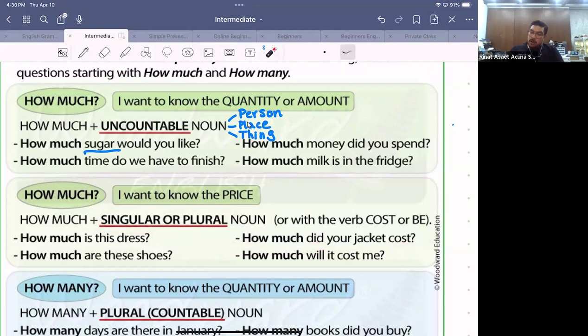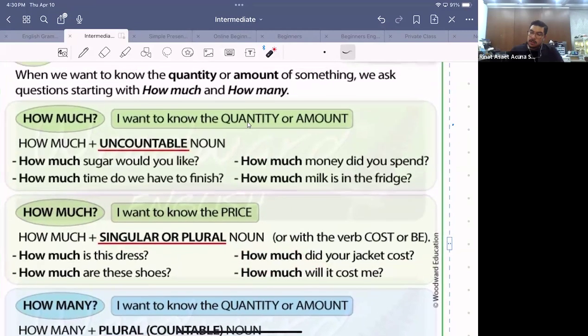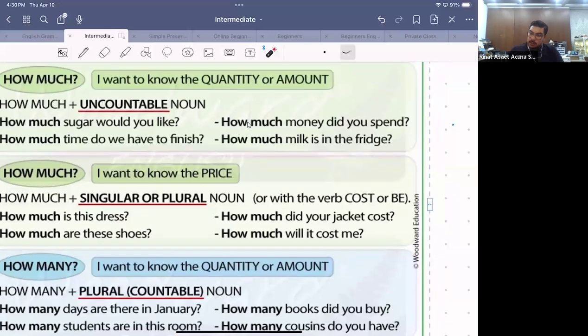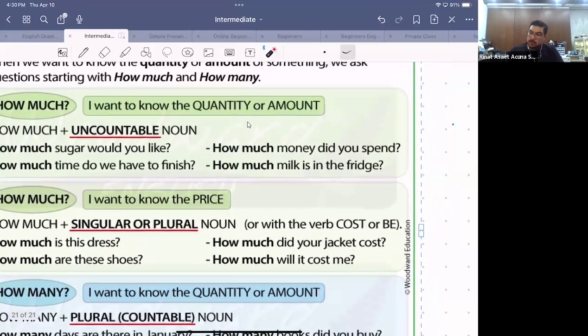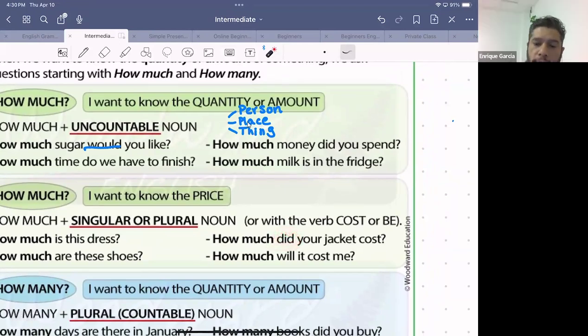We have our phrase, how much. We have our auxiliary verb, did. And then we're going to have our noun, jacket. And then at the end, we're going to put cost.